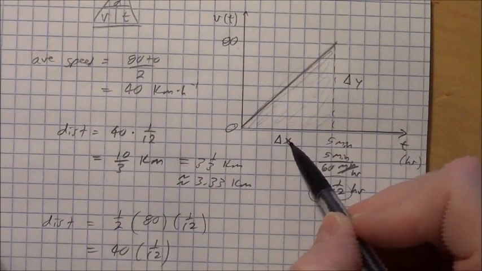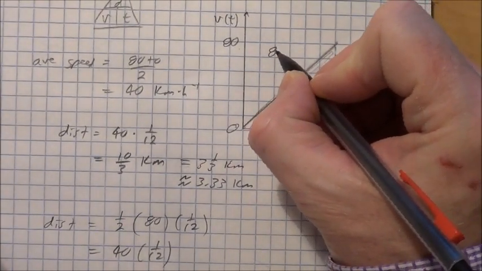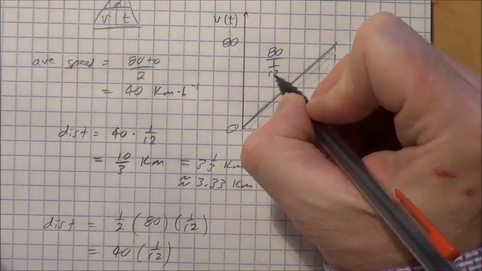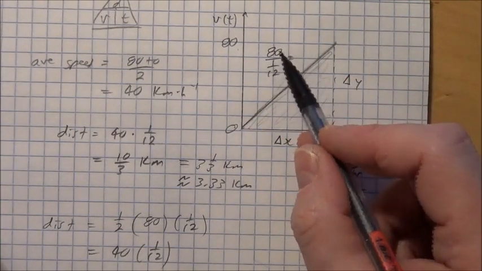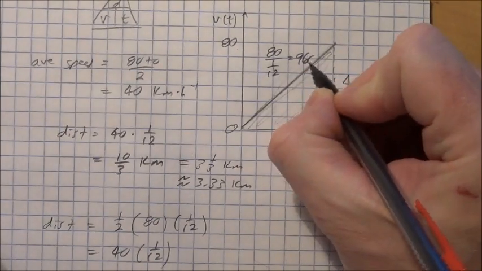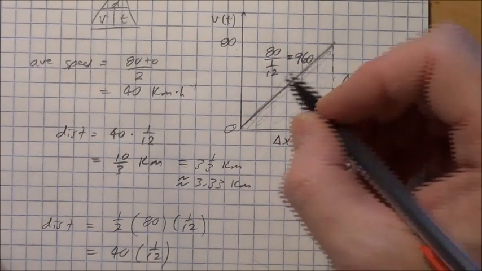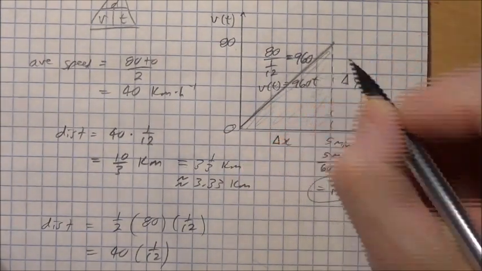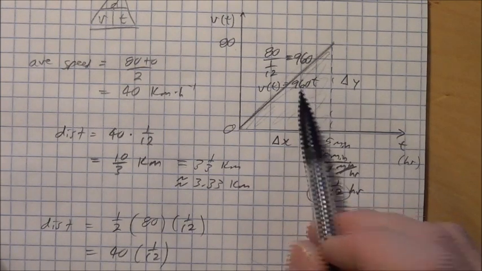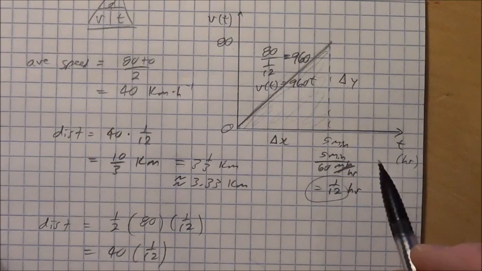So the gradient is going to be 80 divided by 1/12, which, when you divide a number by a fraction, we multiply by the reciprocal, gives 960. So the equation of this line is 960t.